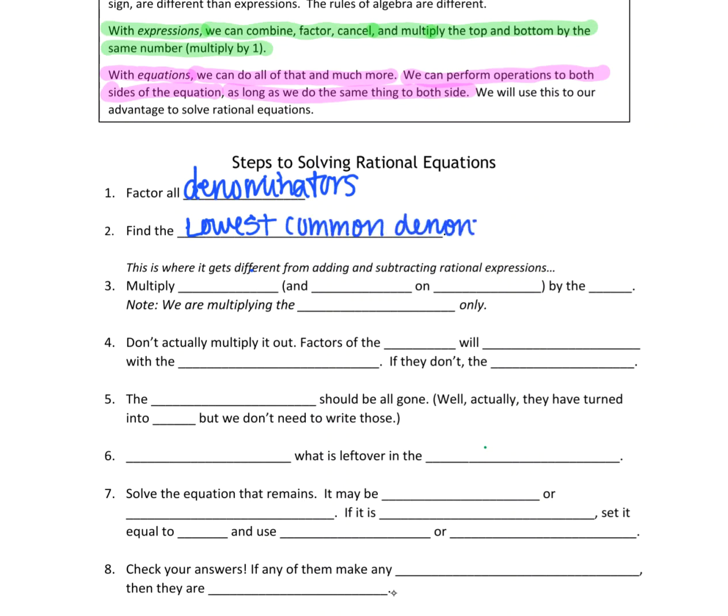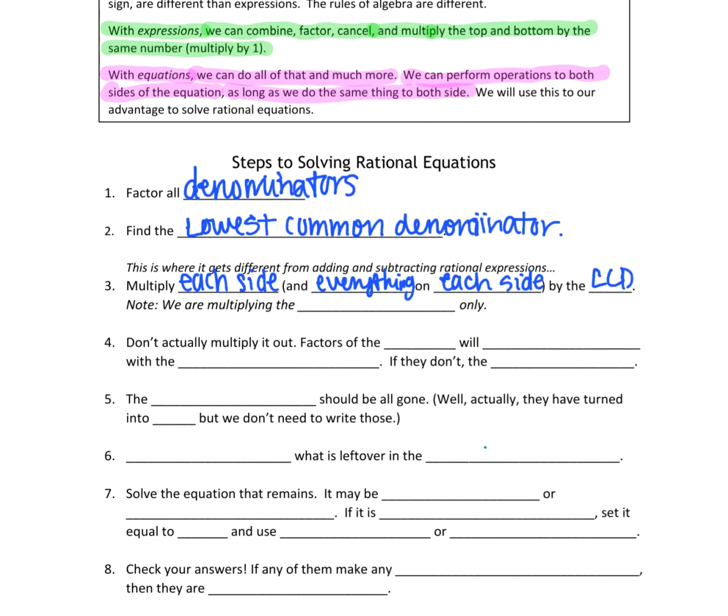Now, unlike an adding or subtracting rational expressions problem, we're not going to get everything to have the common denominator. We're going to multiply each side and everything on each side by the lowest common denominator.